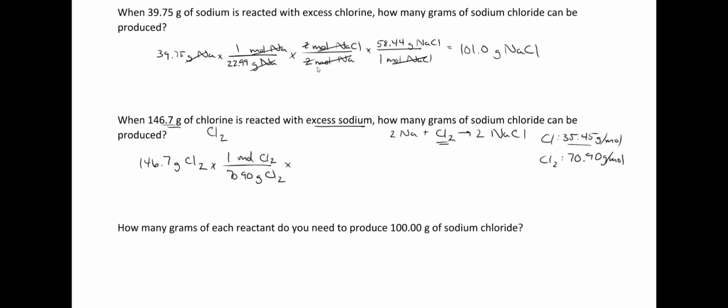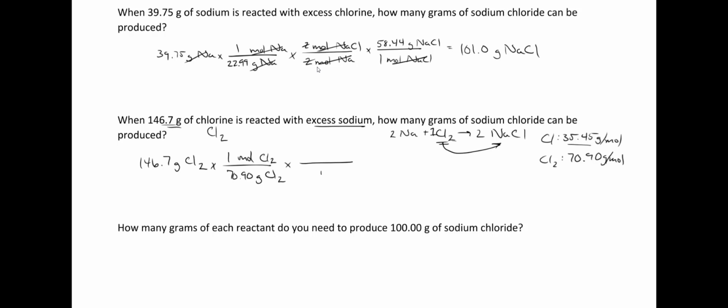Now remember, the whole point of that step was so that we could now use the balanced equation to go from moles of chlorine to moles of sodium chloride. This is not a one-to-one relationship. We saw that there was a 1 in front of chlorine.